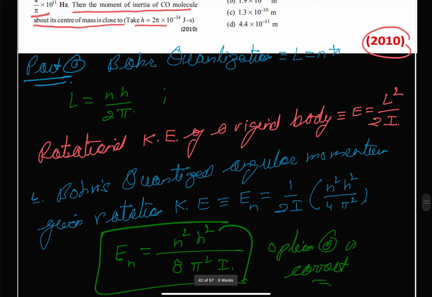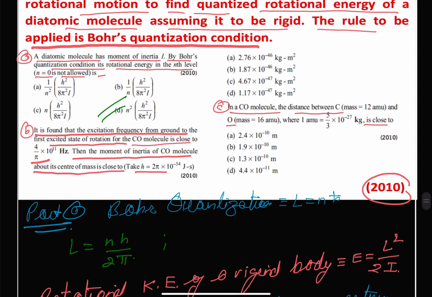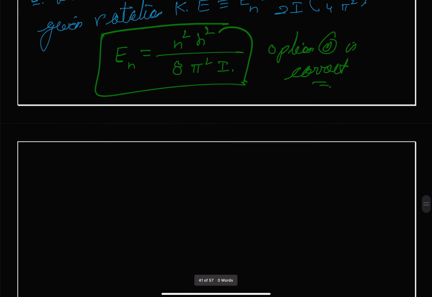Next, B part, we have to find out the moment of inertia about the center of mass for a carbon monoxide, that is CO molecule.